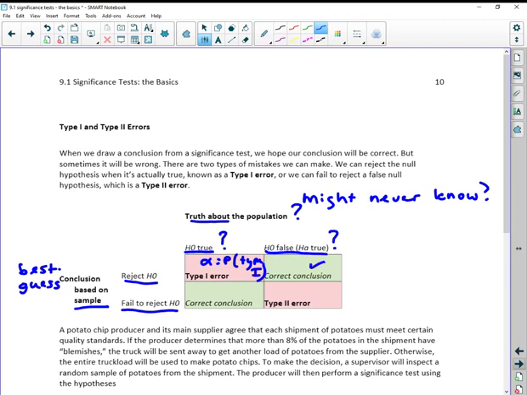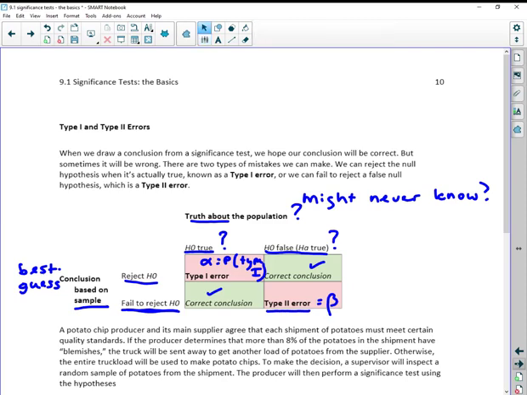That's great. Love it when that happens. But if we fail to reject the null and the null is really true, we have made the correct conclusion. But if we fail to reject the null when the alternative was actually the truth, we have just committed a type 2 error, and we use the symbol beta for the probability of that happening.